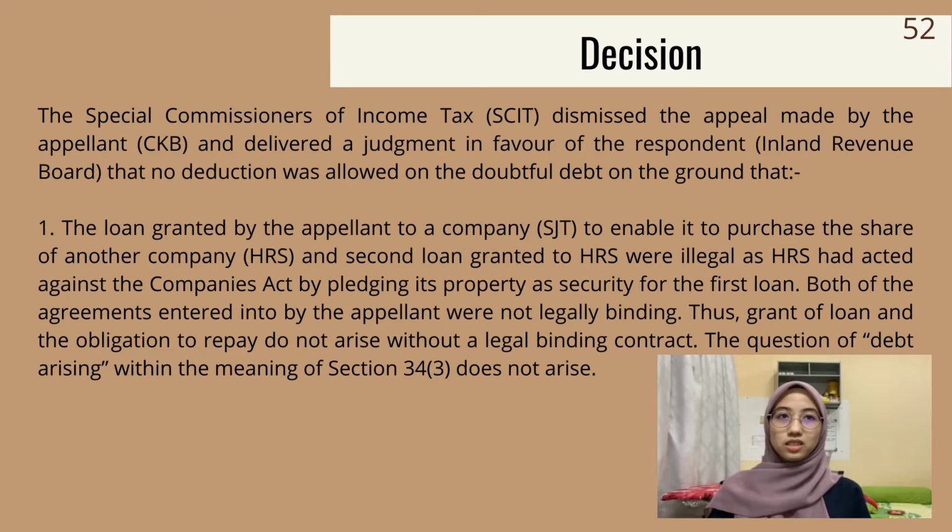The decision is that the Special Commissioners of Income Tax dismissed the appeal made by the appellant and delivered a judgment in favour of the respondent, which is the IRB, that no deduction was allowed on the doubtful debt on the ground that the loan granted by the appellant to a company, SJT, to enable it to purchase the share of another company, HRS, and the second loan granted to HRS were illegal, as HRS had acted against the Companies Act by pledging its property as security for the first loan.